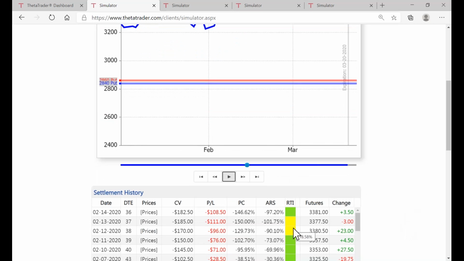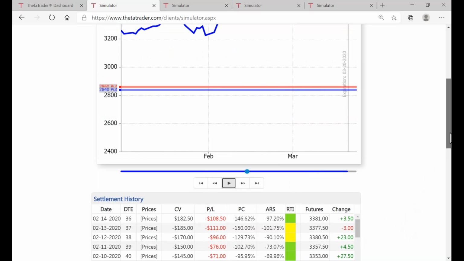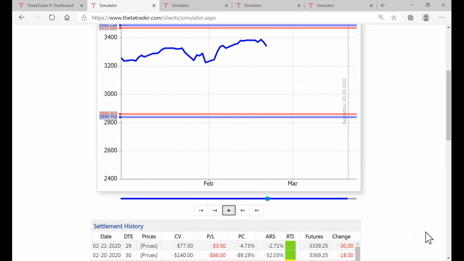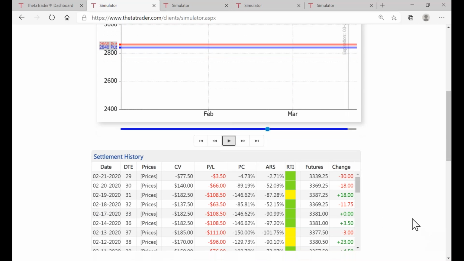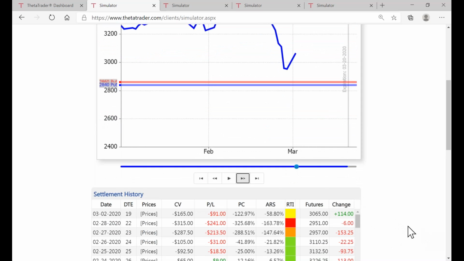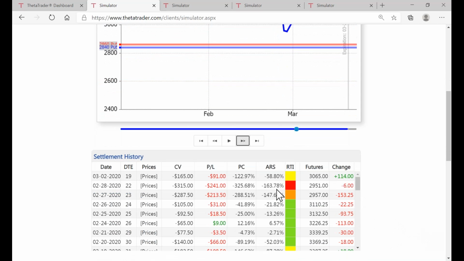Slightly elevated risk, but still, don't do anything. No need to make any change. Now it goes to green again. Now it turns orange. That means a very, very elevated risk. And then look at this, it turns red, and red is your exit point. Red says get out, too much risk, and take your loss and move on.